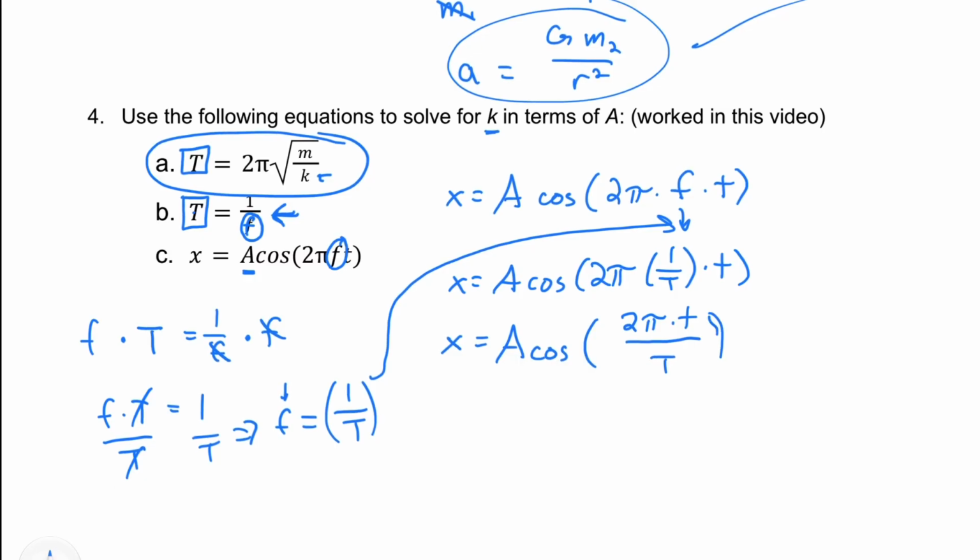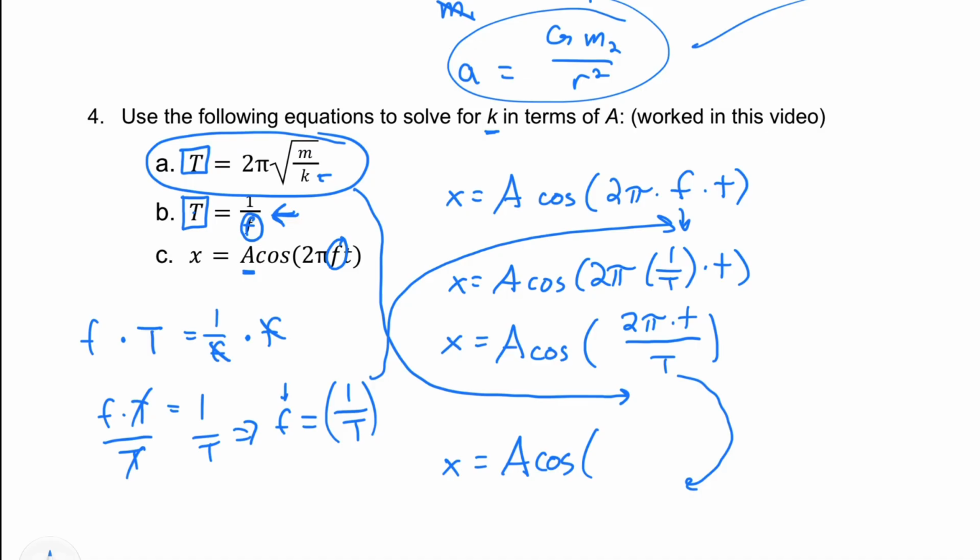Now that we've got all that separated into a numerator and a denominator, let's substitute in what we have for big T. So we'll rewrite this whole thing. X equals big A times cosine times 2 pi times little t is still what's going on top, but then down the bottom, we're going to substitute in all this stuff that T equals, right?